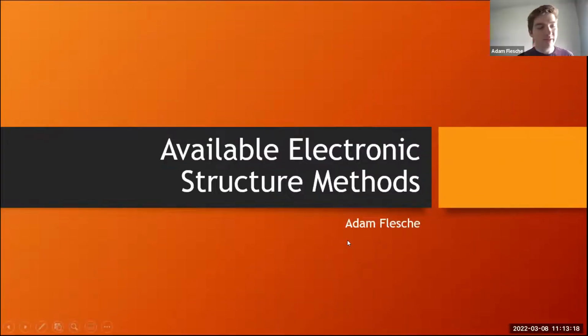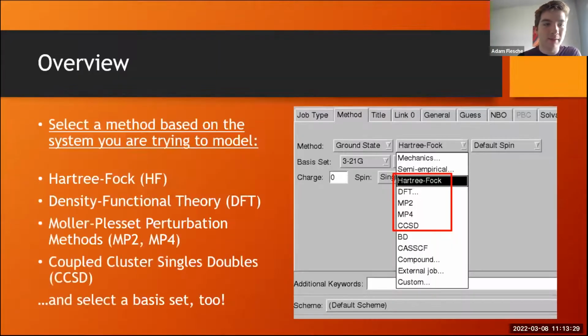All right, I'm just going to be talking about some available methods that we have in GaussView, particularly to predict electronic structure. These are mainly 4 or 5 methods. The first is Hartree-Fock. That's pretty self-explanatory. We know what that is. That'll give us energies. DFT can also be a very powerful tool.